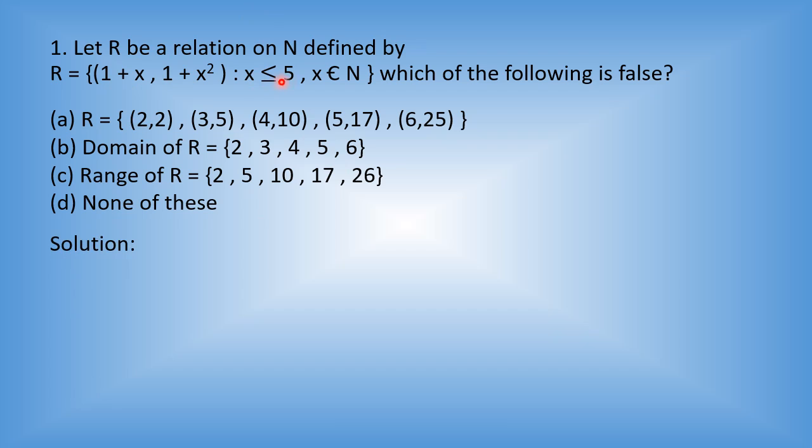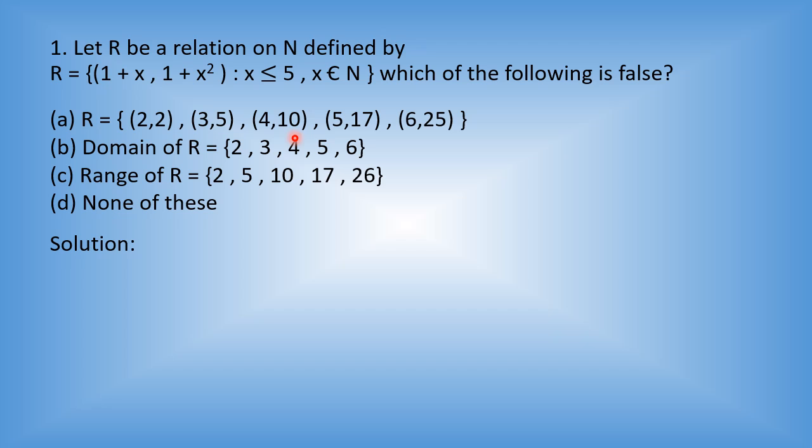When x is equal to 1, 1 plus 1 is 2, and 1 square plus 1 is 2. So (2, 2). Then when x is equal to 2, 2 plus 1 is 3, and 4 plus 1 is 5. So this is the second element. When x equals 3, 3 plus 1 is 4, and 3 square, 9 plus 1, is 10.